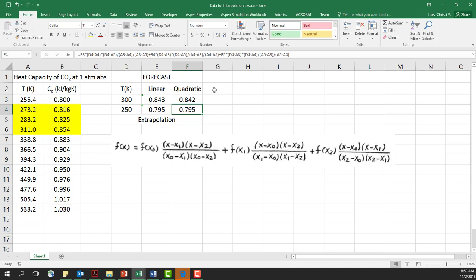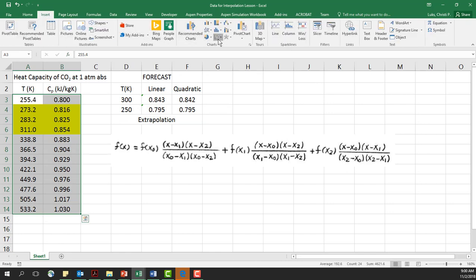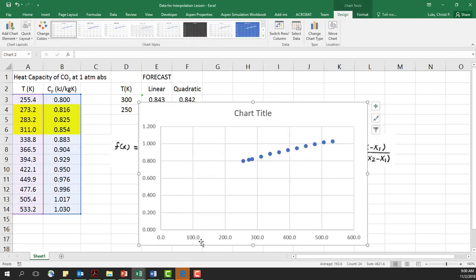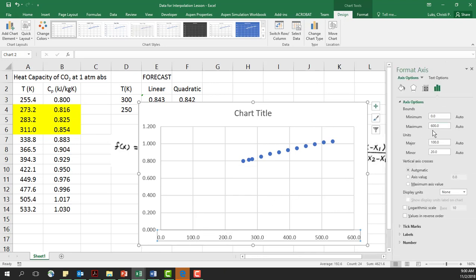And the last thing we want to do is the curve fit. So to do that, all I'm going to do is take this and create a graph. And when I do this, I want to format that so I can look at it a little bit more clearly. I'm really wanting to be able to see what my values are.